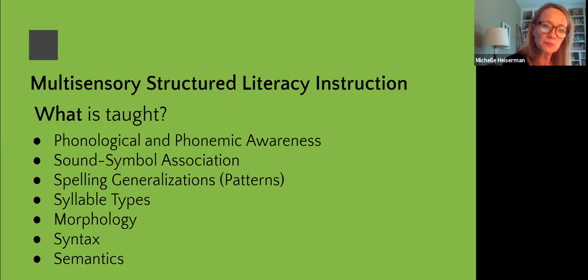However, sometimes we think about multisensory structured instruction focusing only on those first two bullets, phonological and phonemic awareness and sound symbol association. What we want to remember is that we can use multisensory instruction for those later components on the continuum as well. So we can use it to think about how to instruct patterns, syllable types, morphology, syntax, and semantics.